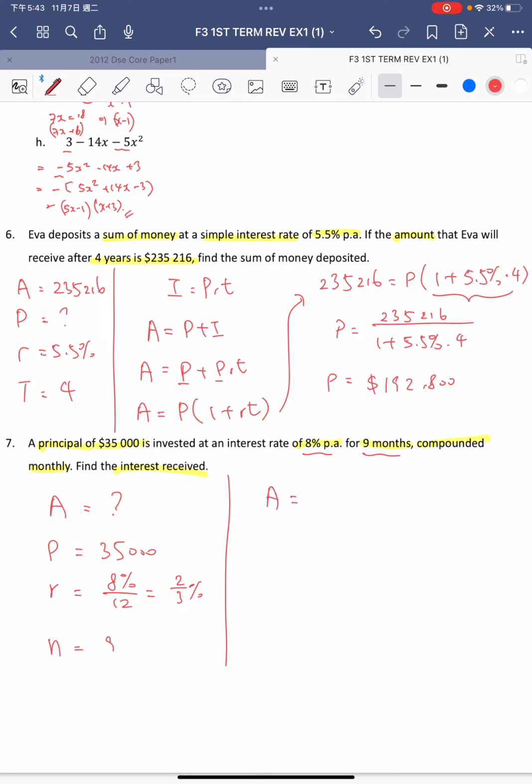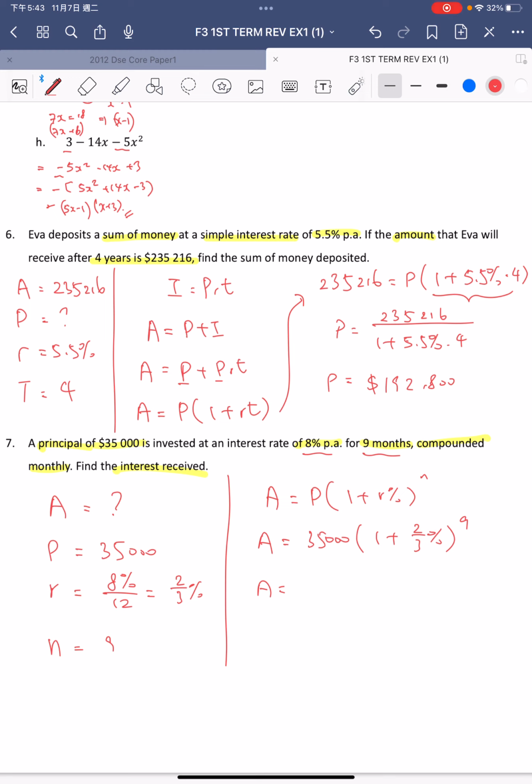The amount is equal to the principal times 1 plus R% to the power of N, isn't it? So the amount can be calculated by using 35,000 times 1 plus R%, which is 2/3%, to the power of 9. So A is equal to 35,000 times 1 plus 2/3%, and then to the power of 9.